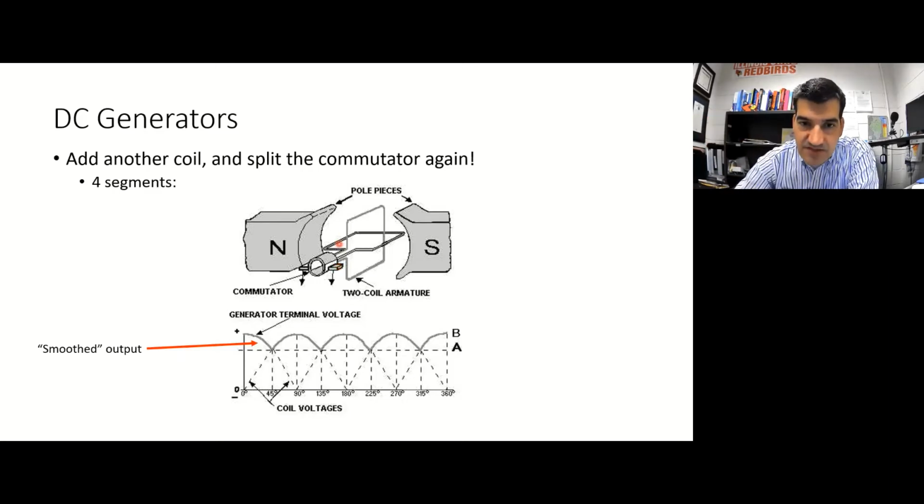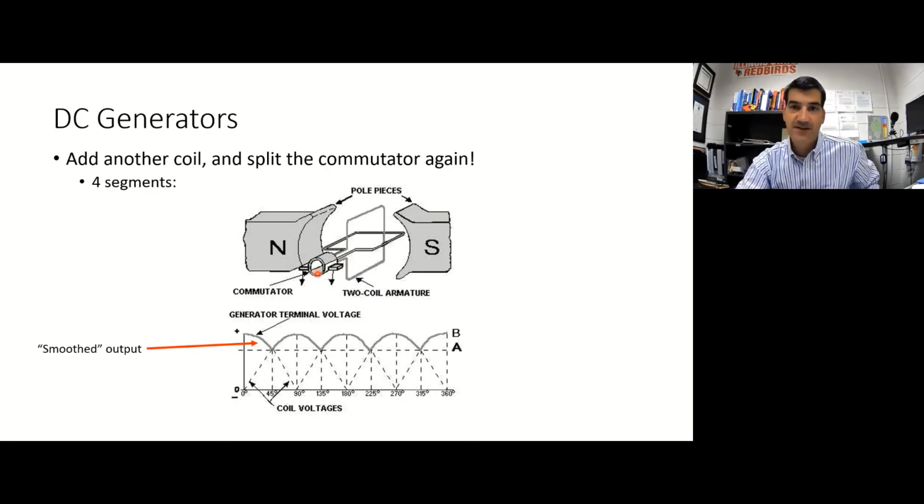All right, so this side of the horizontal coil is connected to this part of the split ring commutator. This side, that's the top side of the vertical coil, is connected to the top segment of the split ring commutator. This side is connected to this part of the split ring commutator on the right, and this bottom section of this coil is connected to the bottom quarter of the split ring commutator.